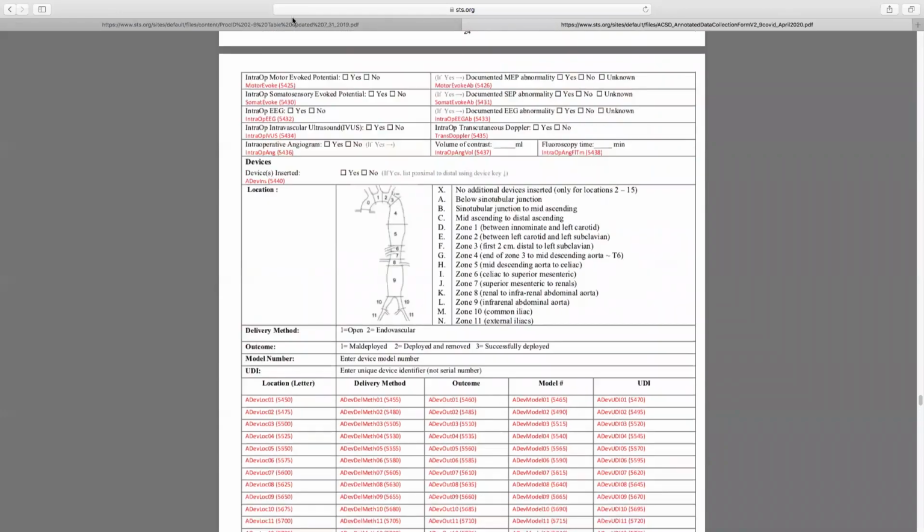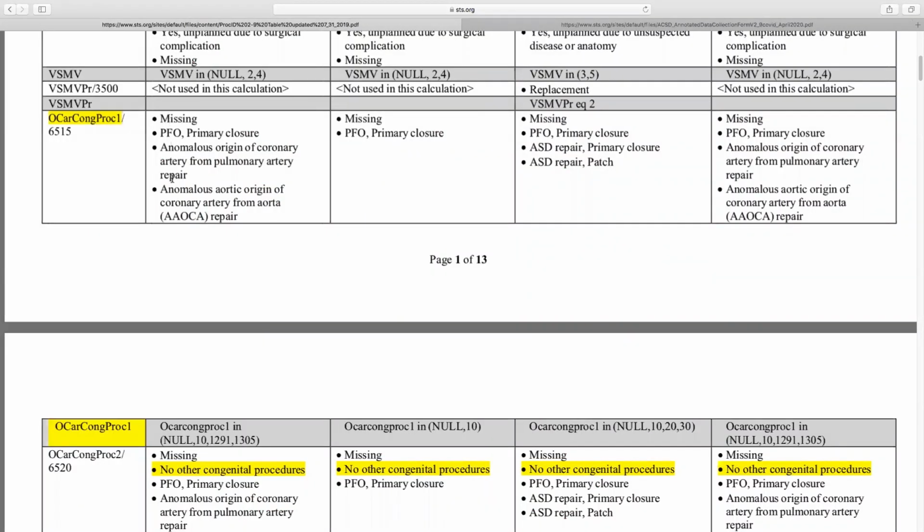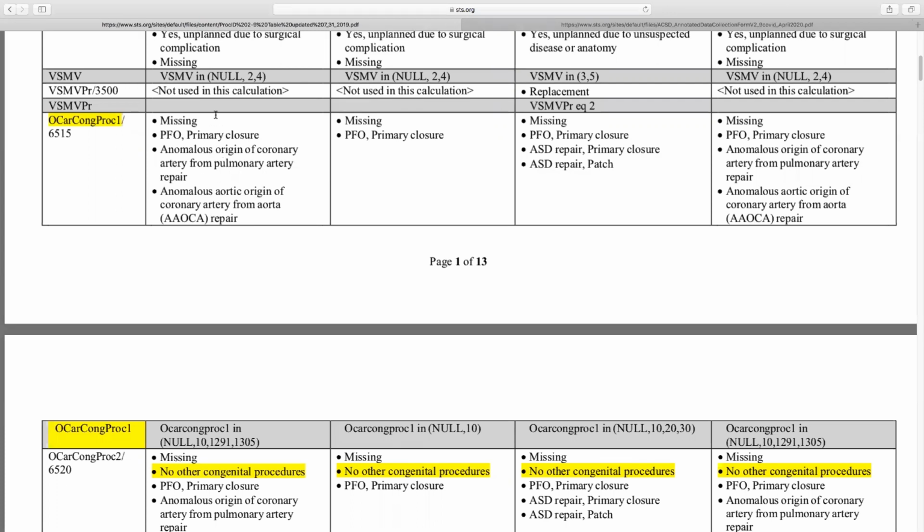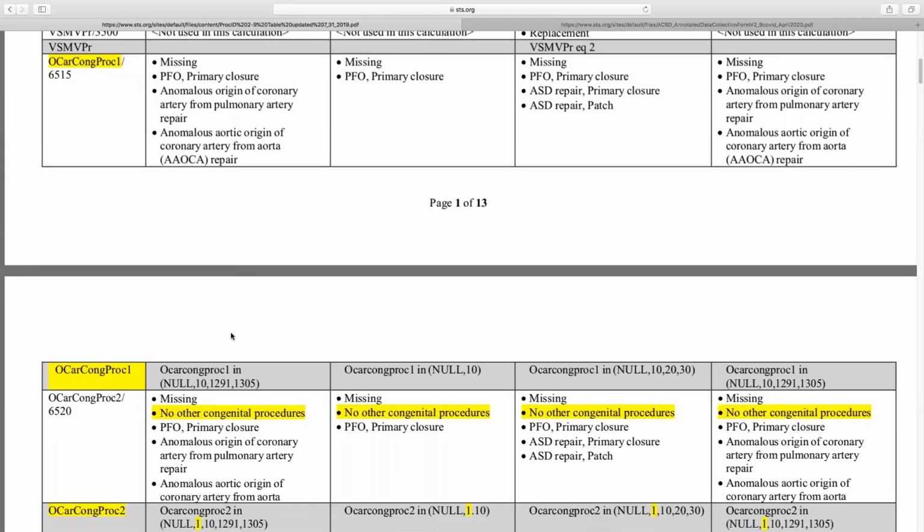But if anything other than these choices are selected, so PFO closure, primary closure, anomalous origin of coronary artery from pulmonary artery repair, or an AAOCA, if any of these are chosen, it will stay in the isolated CABG case. If anything other than these are chosen, it will get moved over into the other category, and will not be analyzed.